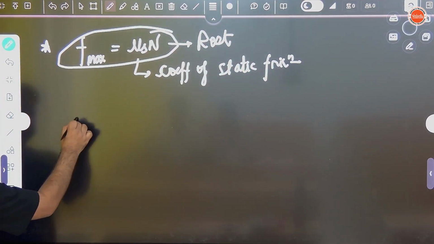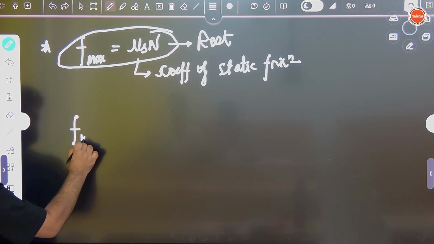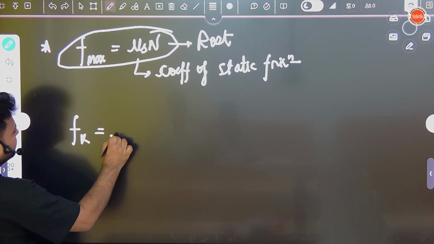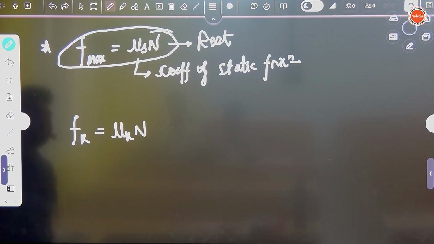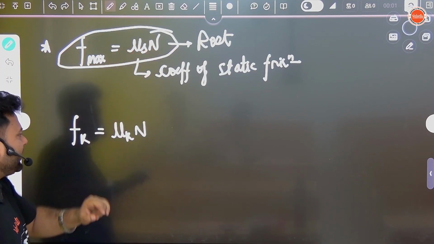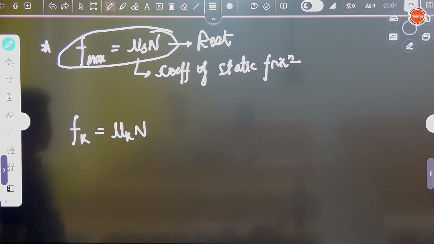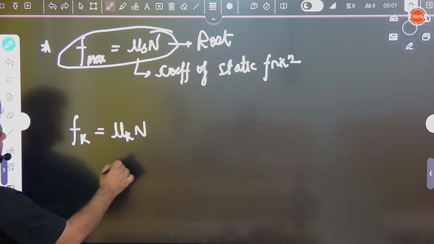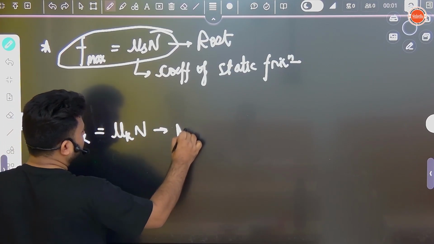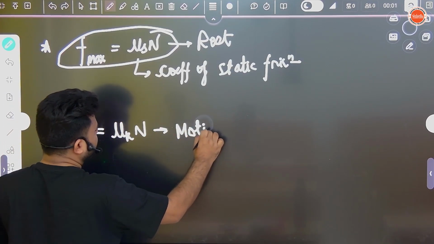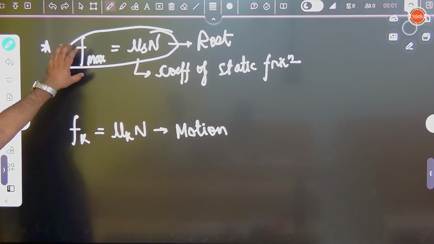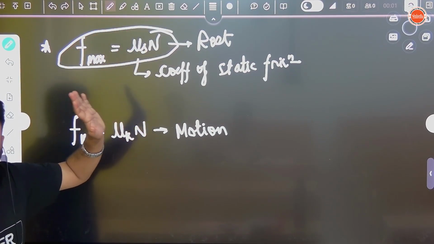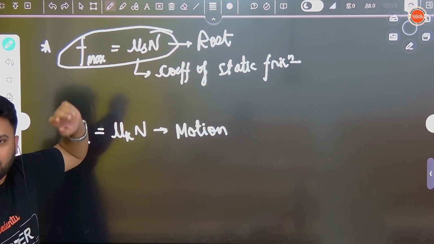Now when the body is in motion, then Fk, kinetic friction, and its formula becomes mu k into N. Like this is mu s into N. Now s means static. Static means the object is at rest. Mu k into N: the object is in motion. So if the object is in motion, you have to apply this formula. If the object is at rest and friction is applying maximum, then you have to use this formula.